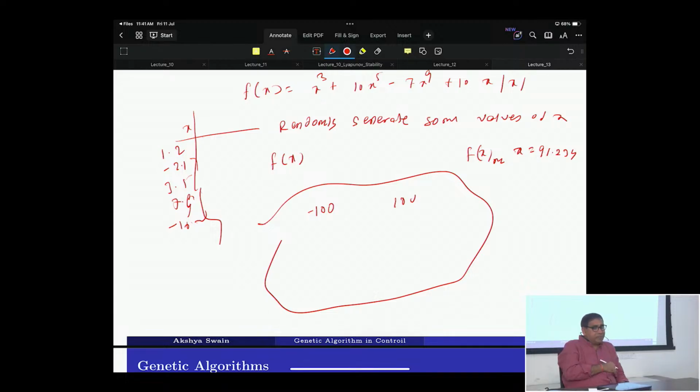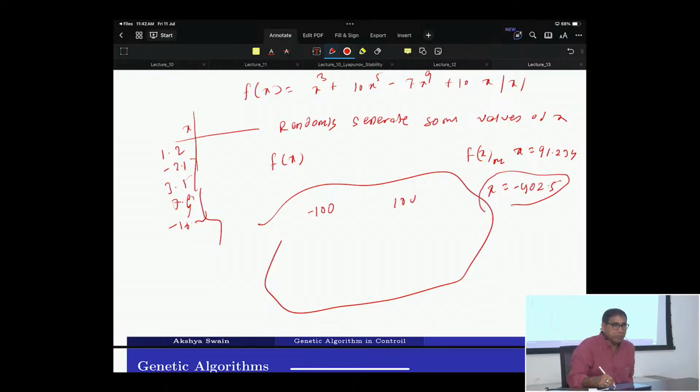Suppose the true minimum, the value of x where the function is minimum, is x equal to minus 402.5. Now you have generated random values between what and what? You will certainly get one value where the function is minimum, but that is not the actual minimum. The global minimum is lying there at minus 402, right?